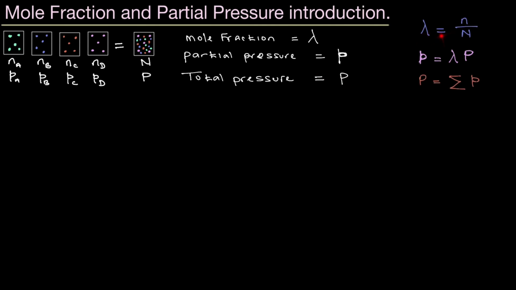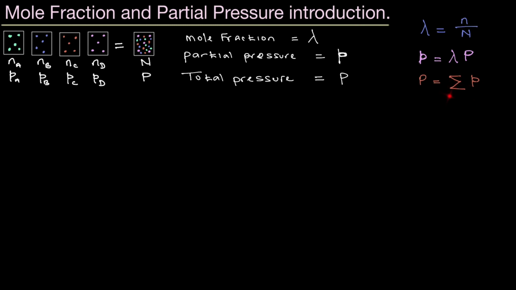Mole fraction is the moles of a gas divided by the total moles of all the gases. Partial pressure is mole fraction times the total pressure. And the total pressure is equal to the sum of all the partial pressures.